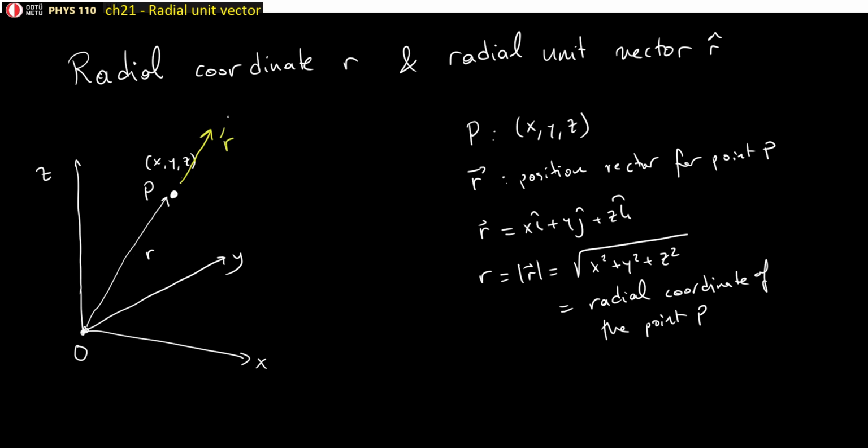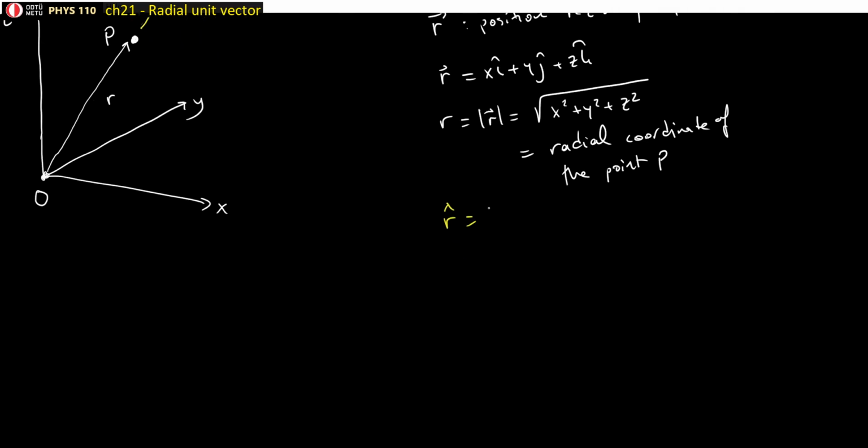So this r hat is the unit vector like that. This is called the radial unit vector. So this is the unit vector along the direction in which the radial coordinate increases.